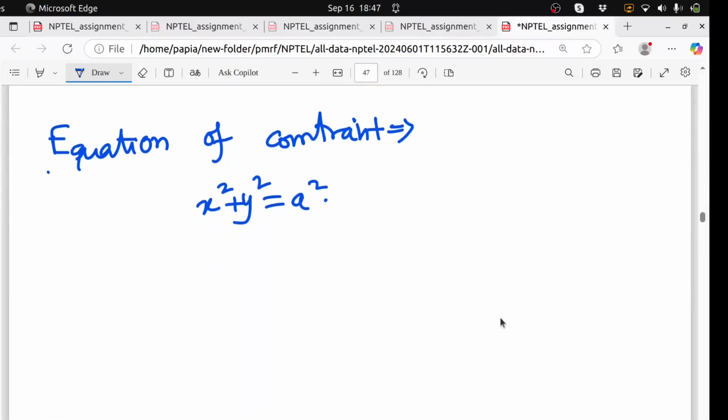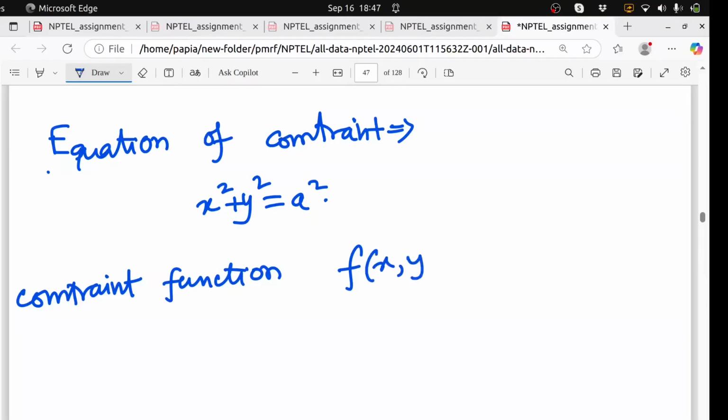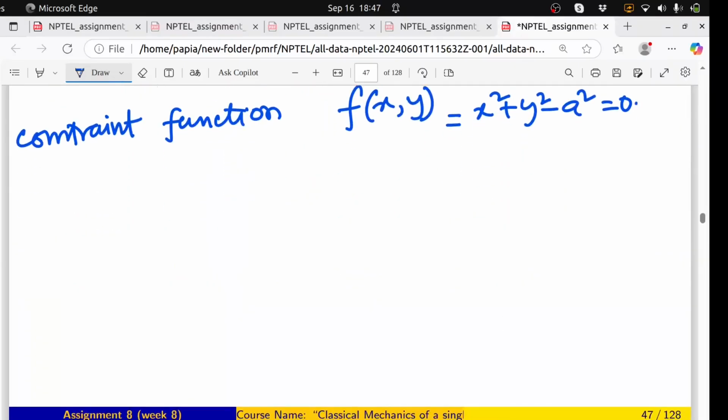Now I can write it like the constraint function f, which is a function of x and y, equals x square plus y square minus a square, which is 0, right?